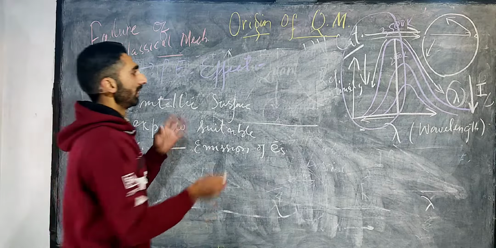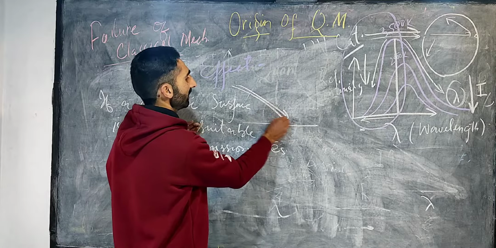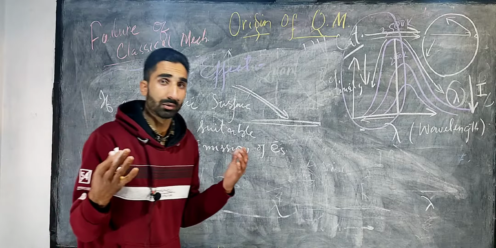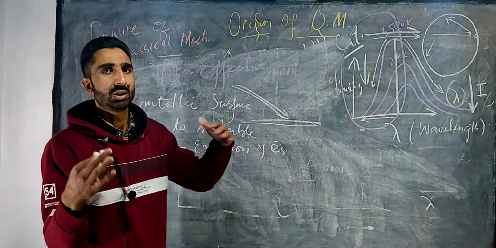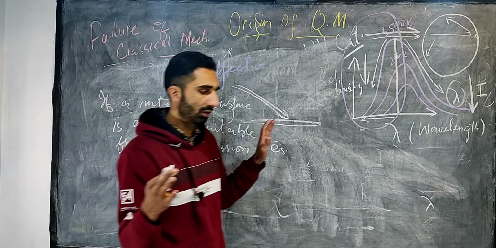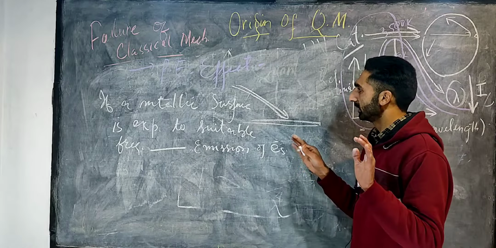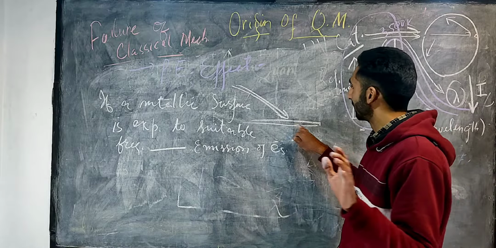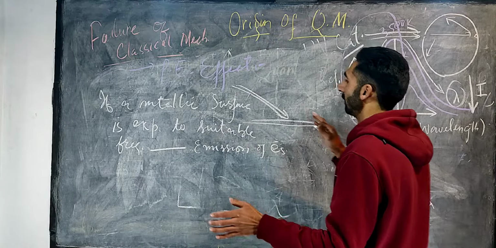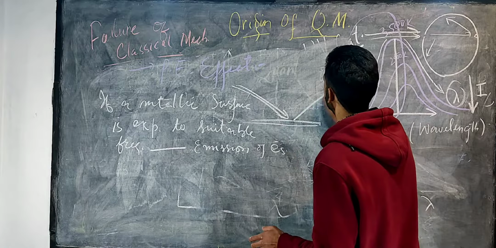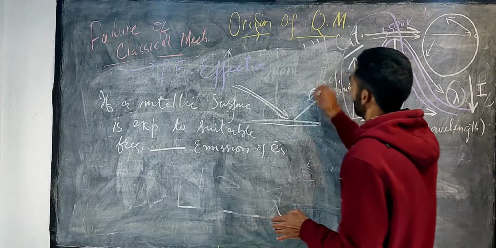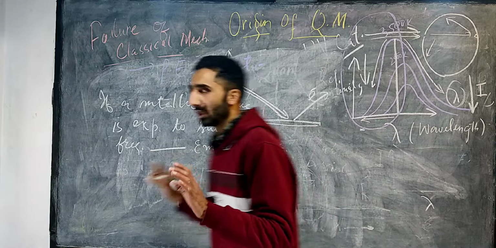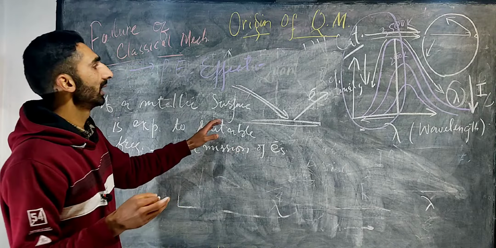That is, if a bunch of photons is incident on this metallic surface with a suitable frequency, that very frequency is called the threshold frequency. So if a bunch of photons are incident on this metallic surface, there is an ejection of electrons from this surface, and that very phenomenon, the ejection of the electrons, is known as the photoelectric effect.